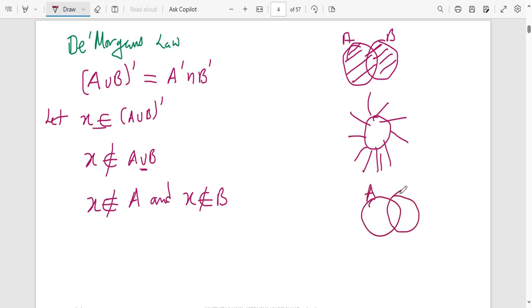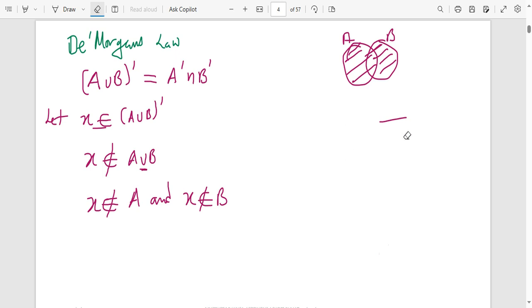This is A, this is B. X is not a member of A means everything outside here, and X is not a member of B means everything outside B. Now, how best do I represent this so that you can see? You need to understand why we are not using the word or there. Instead, we are using the word and.